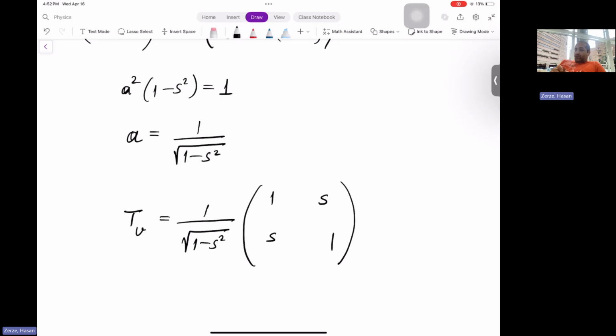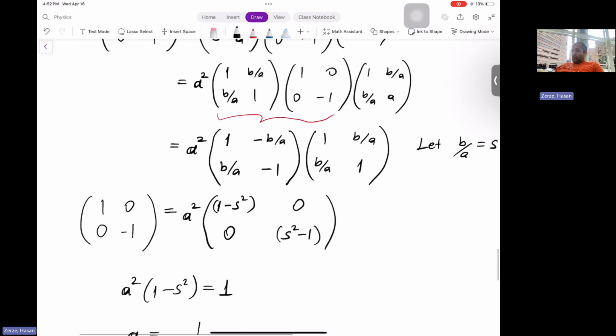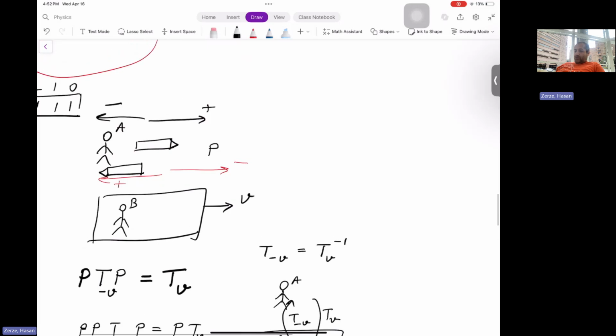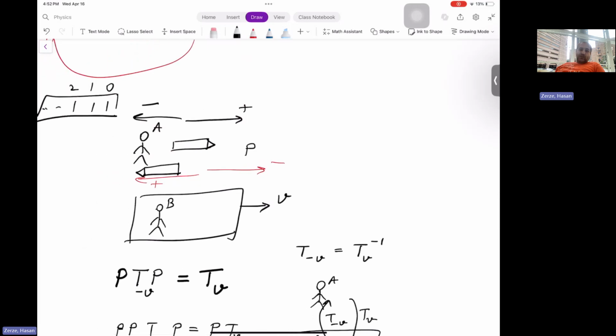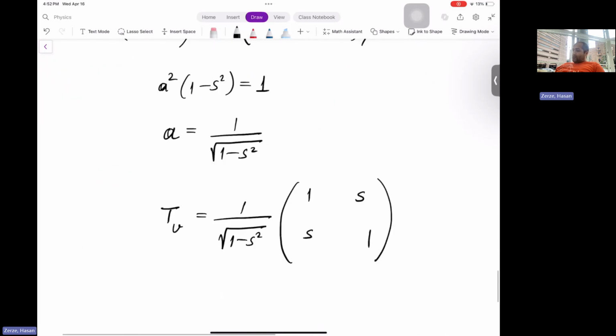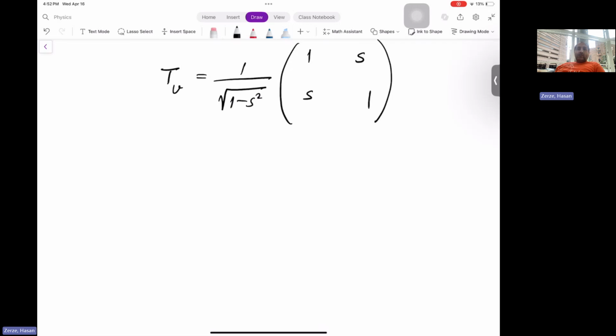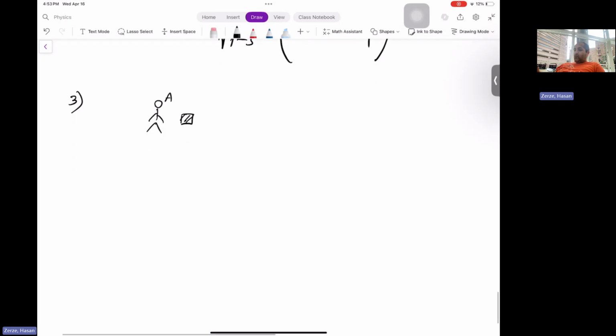Now, one more trick. The third thing we're going to use. So far, we have used the constancy of the speed of light and the parity argument. Now, the third thing we're going to use is the transformation of a very simple case, which is, suppose the observer A has an object here which is not moving anywhere, which is stationary with respect to the observer A. So the delta x is equal to 0 for this case, but the delta t is non-zero.